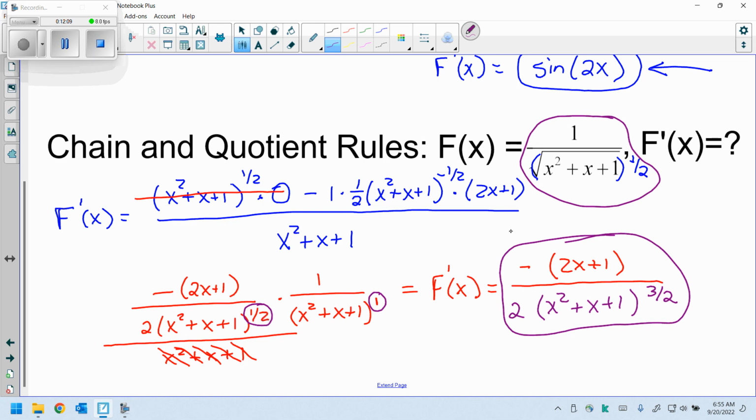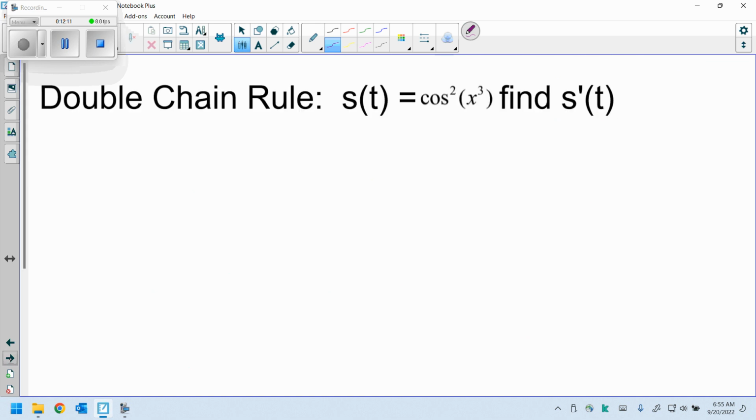Well, if that isn't fun enough, we got one more slide, the double chain. Now, remember, what is it that signals we're going to use the chain rule? And if you're saying parentheses, you're absolutely right. So what's going to signal that we're going to use the chain rule 2 times? Well, that would probably be 2 sets of parentheses.